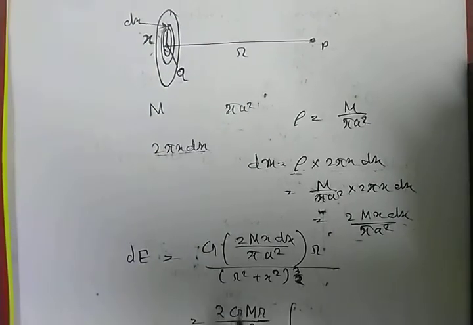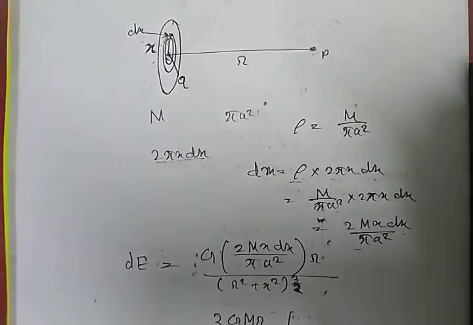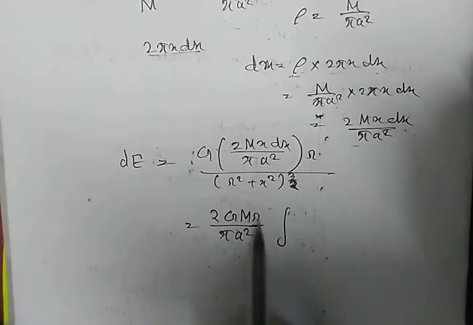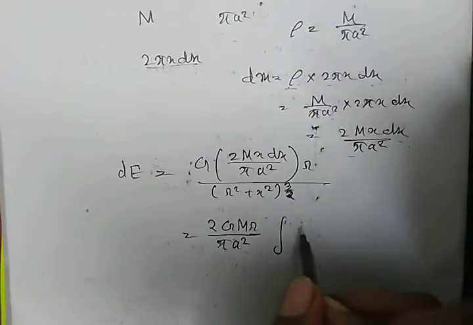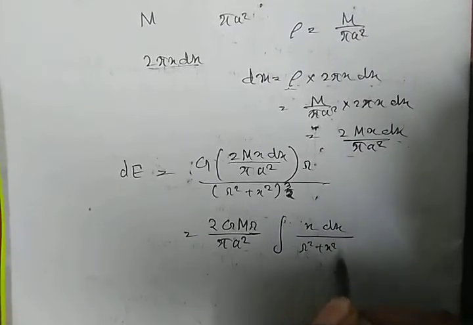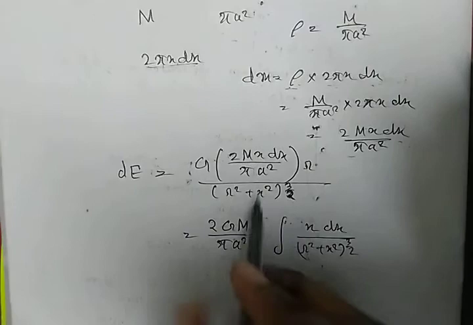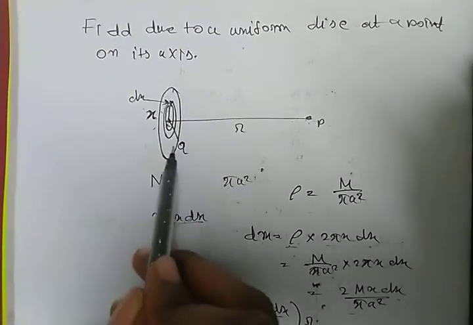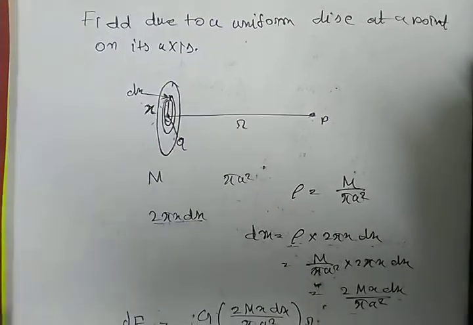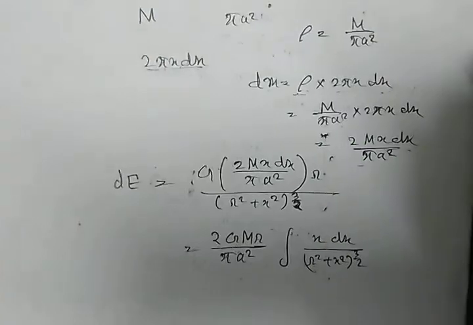I made use of that formula, and now we do the calculation. I take 2 G M r by pi a square as the constant part, and write x dx by (r square plus x square) to the power 3 by 2. The limit of x is from radius 0 to a, so I'll put the limit here and find the total field.